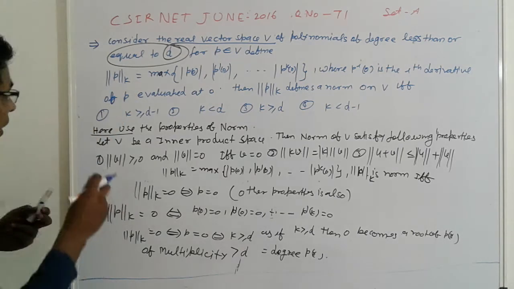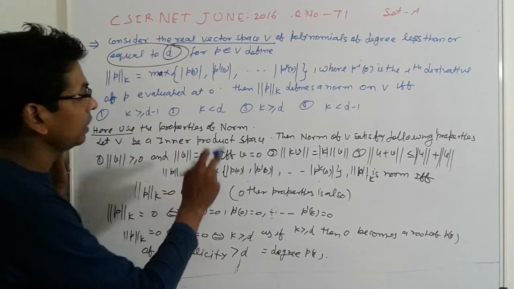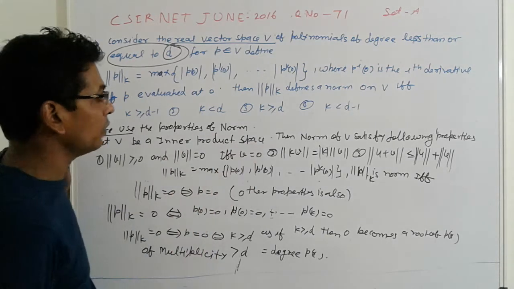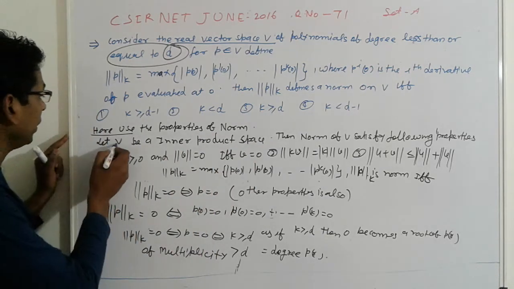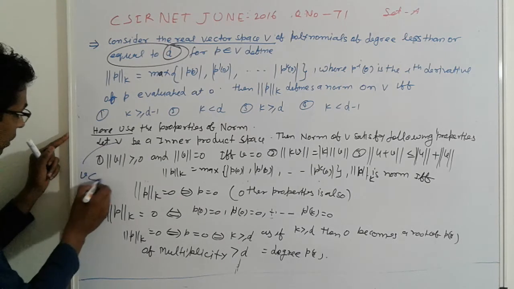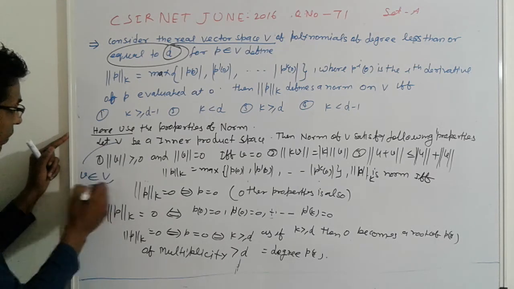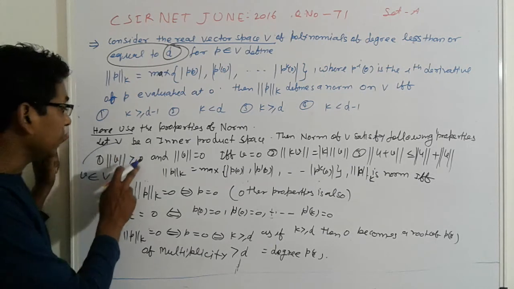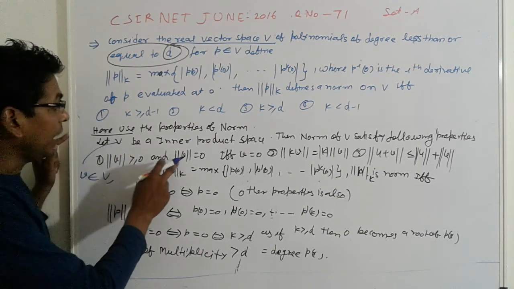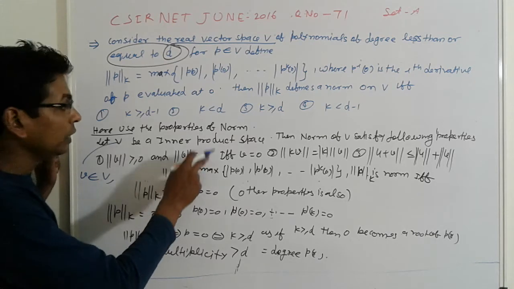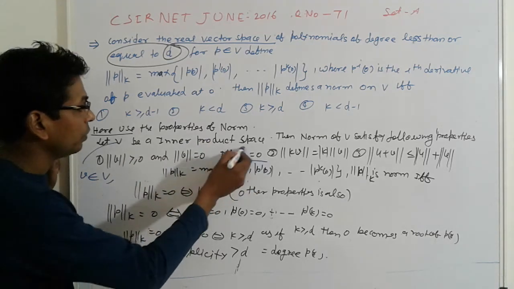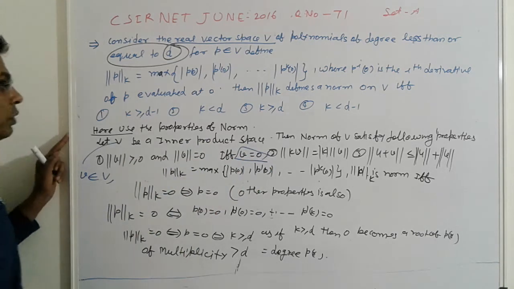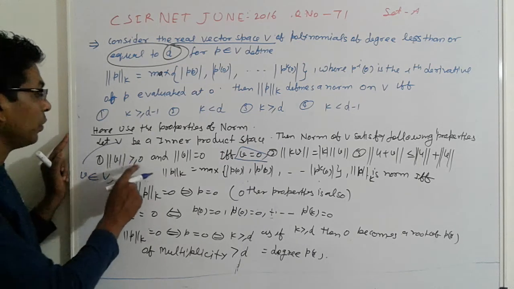Simple. Let V be an inner product space; then the norm on V satisfies the following properties. Suppose small v belongs to capital V. Then the norm of v is greater than or equal to 0, and the norm of v equals 0 if and only if v equals 0. So that is the first very important property.